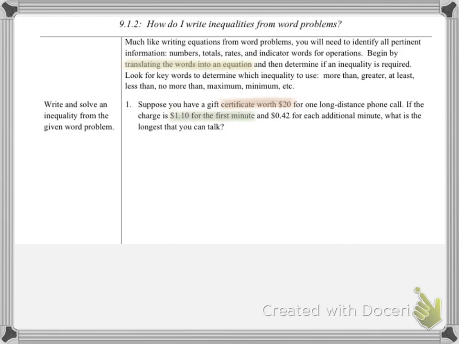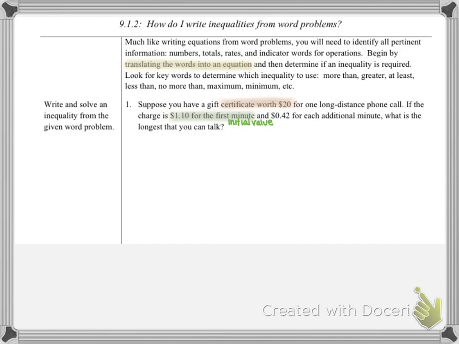Normally when they're saying it's like for the first minute or for the first five, like you start with, this is almost like your initial value. So I'm going to say this is my initial value here.